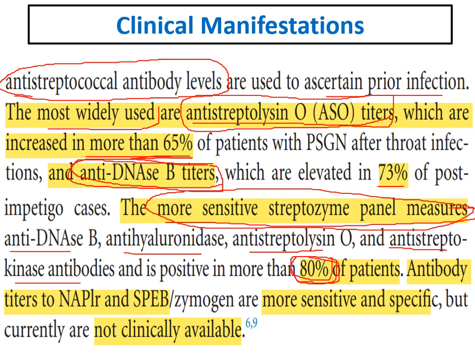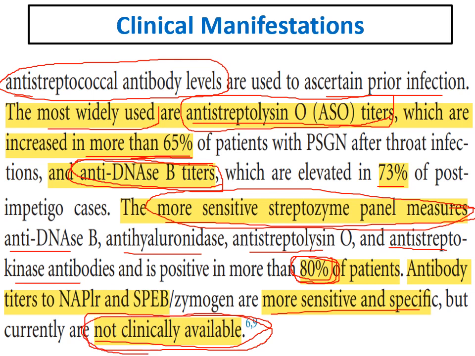While antibodies against nephritis-associated plasmin receptors and streptococcal exotoxin are much more sensitive and specific, unfortunately they are not clinically available. So in our practice, we use the anti-streptolysin O titer and anti-DNase.